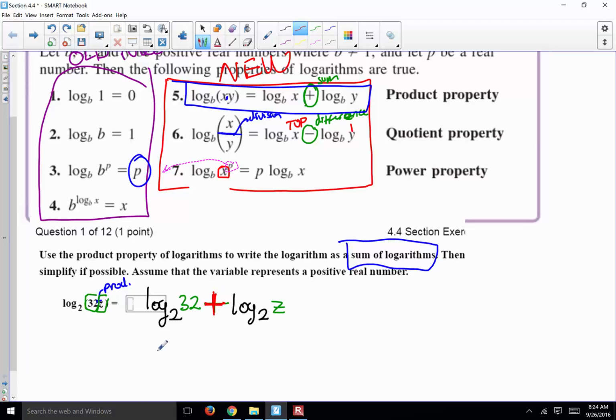Alright. It says simplify if possible. Do you see any simplification? First, start with this. Can you compute this logarithm somehow or reduce things? Logarithm base 2 of z. I don't know z. I don't see a power around z.